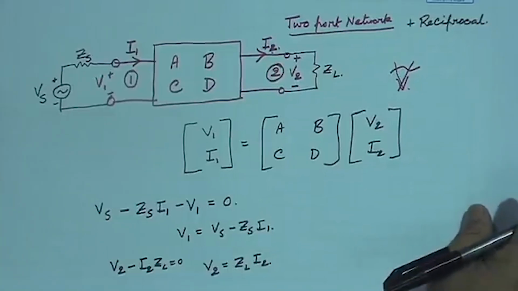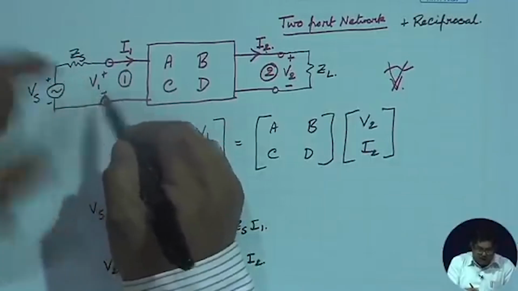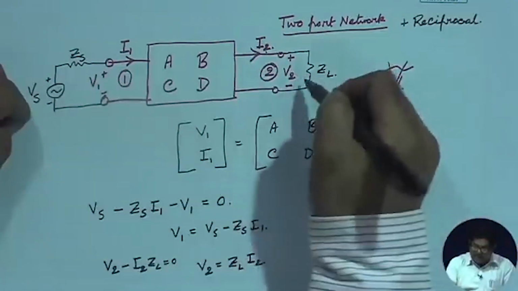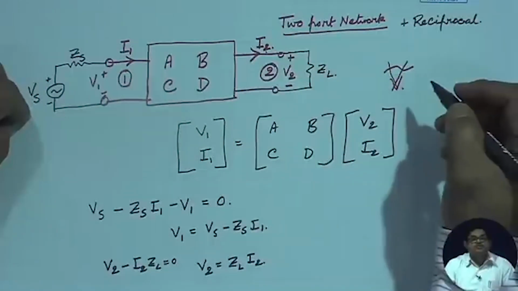So, I will do that, but you know that characterization of a network is always in terms of impedances. Voltage, current, etc., can be anything, but impedance of the network is the fundamental quantity which characterizes the network. So, here suppose at port 1 I am exciting with Vs, and at port 2 the response I am getting is I2.